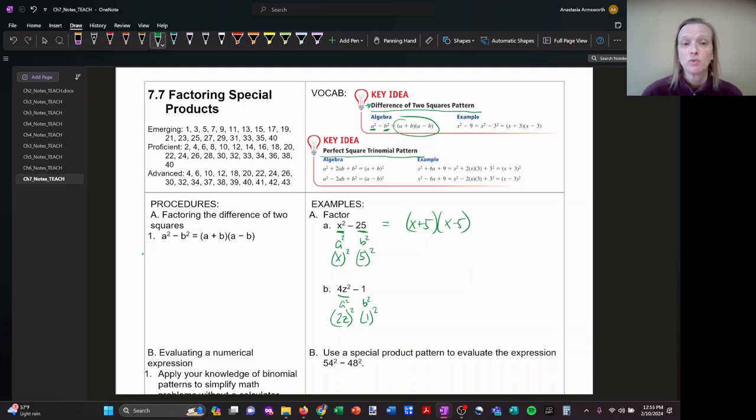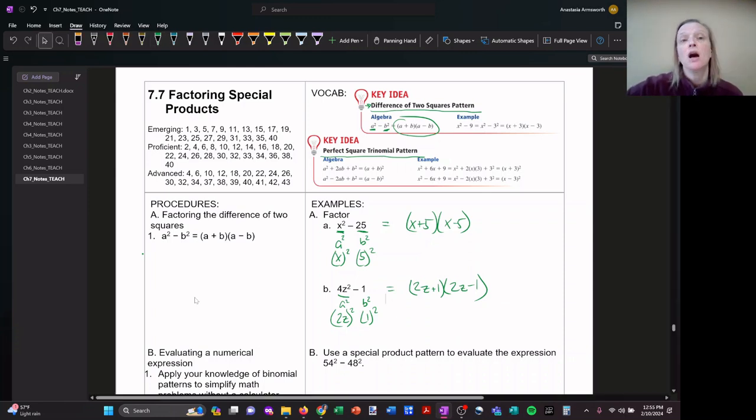And so if I want to write this as a difference of squares pattern in terms of a multiplication problem, that is 2z plus 1 times 2z minus 1.